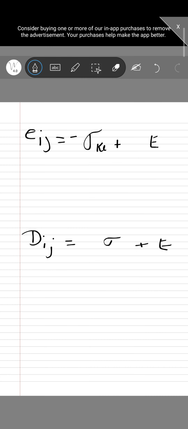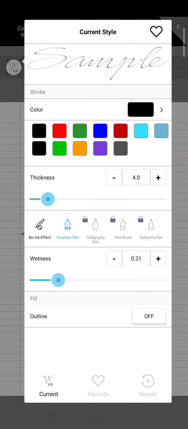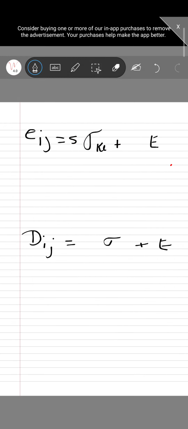This is your compliance, which is being represented as ijkl. This is your inverse piezoelectric coefficient.